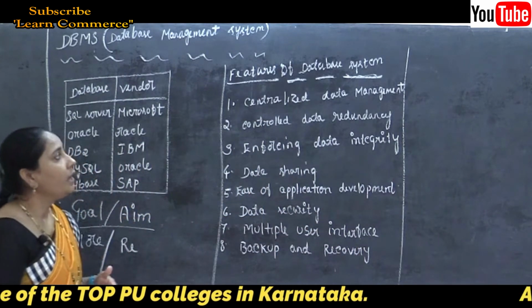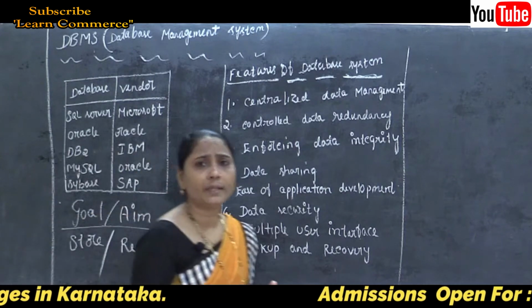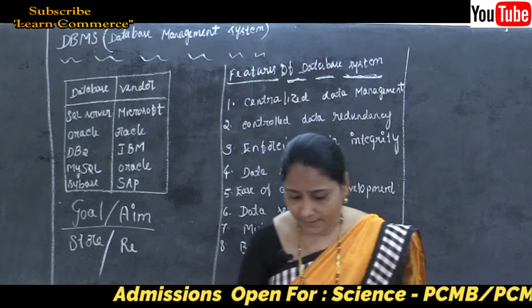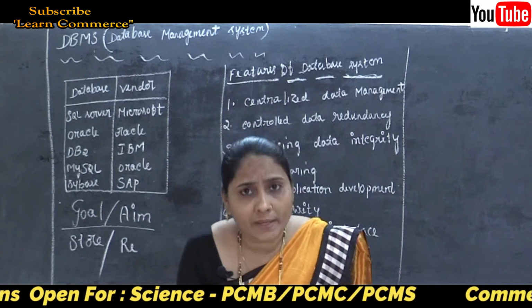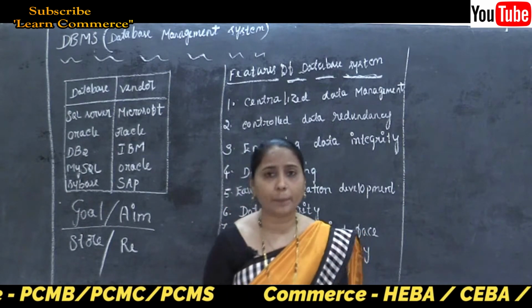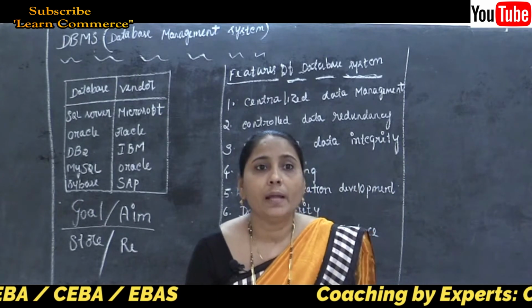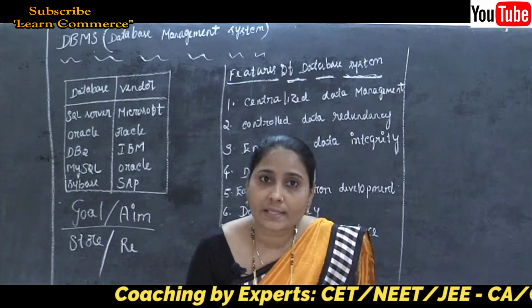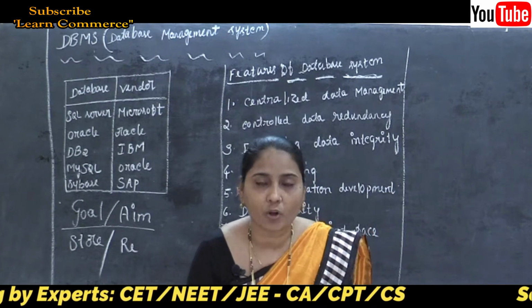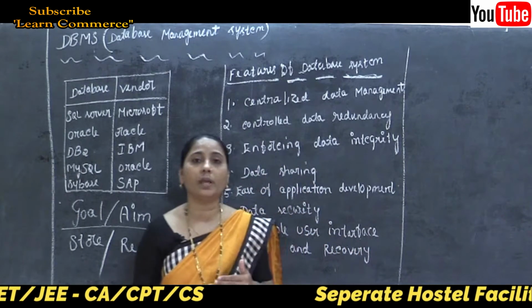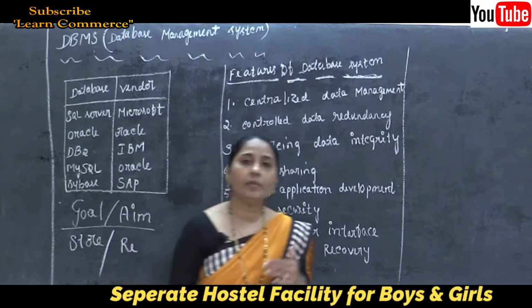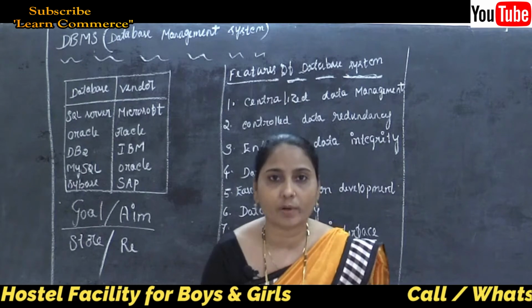The database approach came into existence to overcome the disadvantages of the data processing, or file processing system, because of some disadvantages of the manual file system. We know the disadvantages of the manual file system.